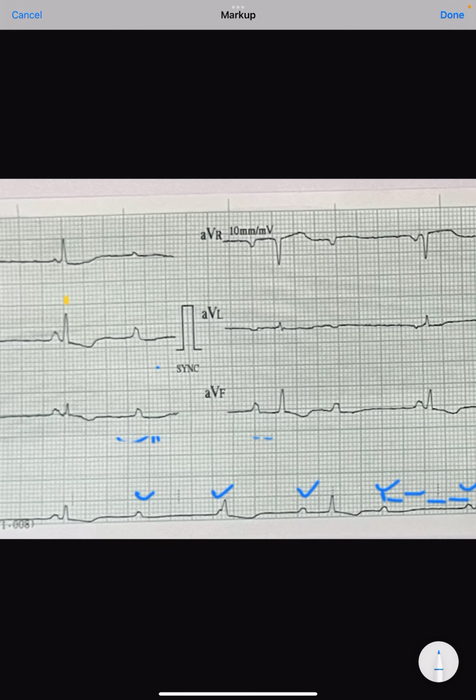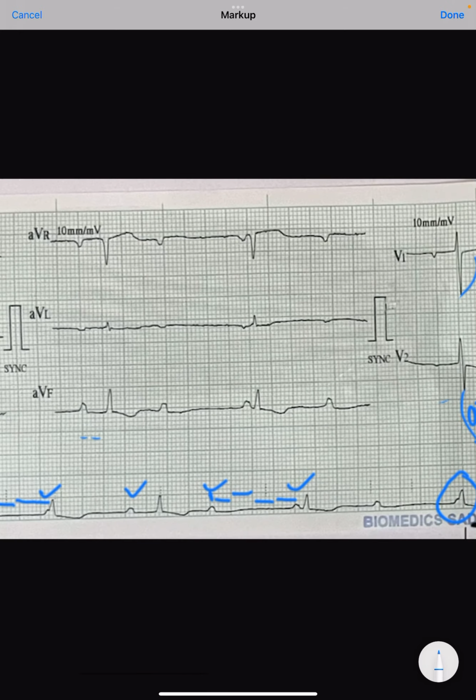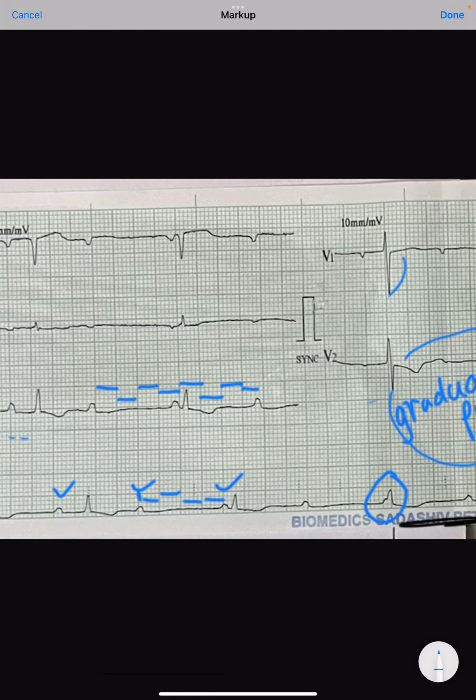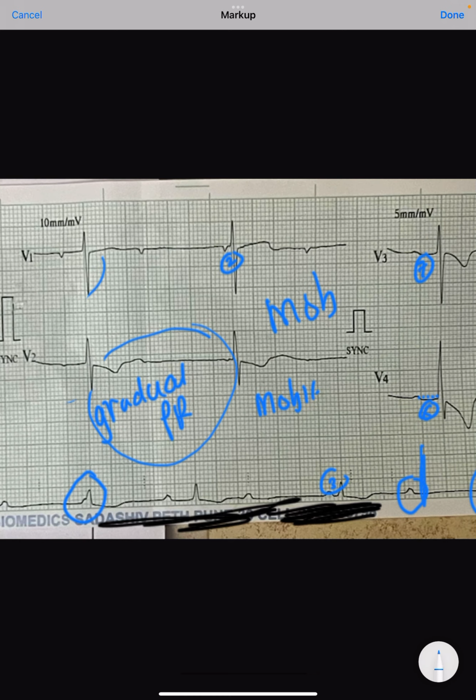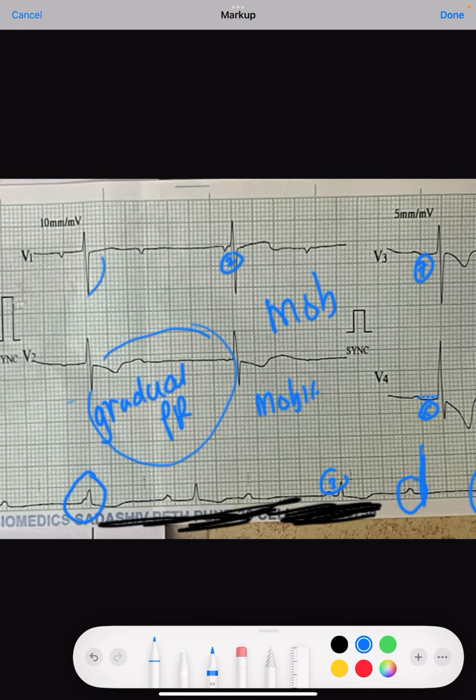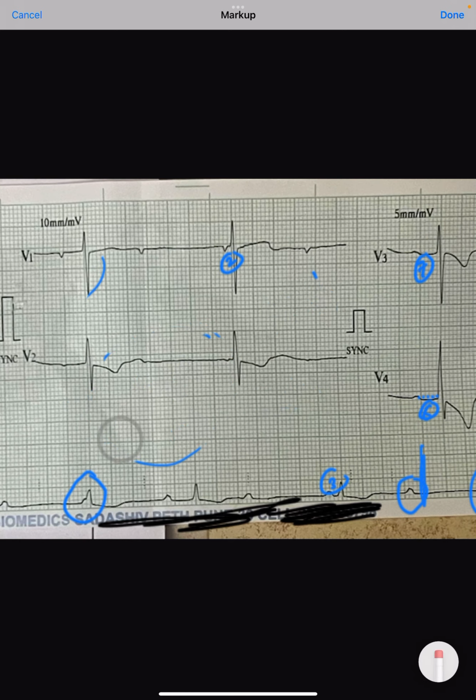Here 1, 2, 3 and 4. So the P waves are repeating exactly after 4 boxes. 1, 2, 3 and around 4. So P waves are coming at a particular interval, but our QRS complexes are getting dropped.